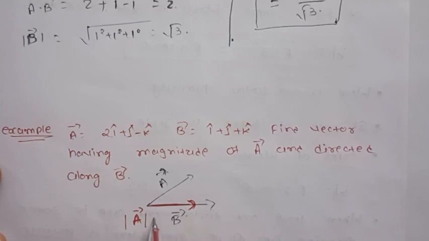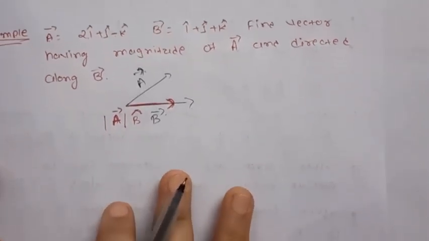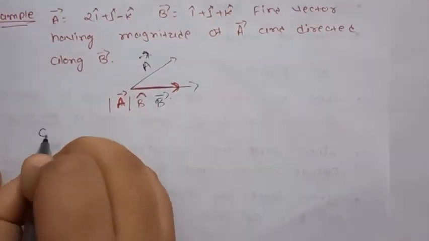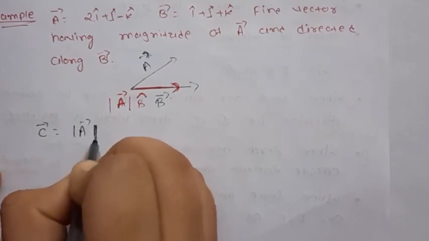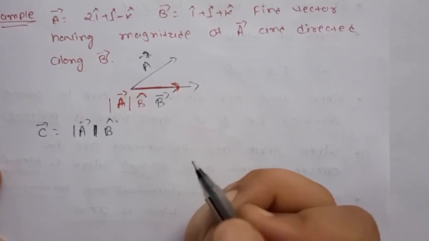The direction of B is given by B cap. Let us say our third vector is C, and that will be magnitude of A times B cap.